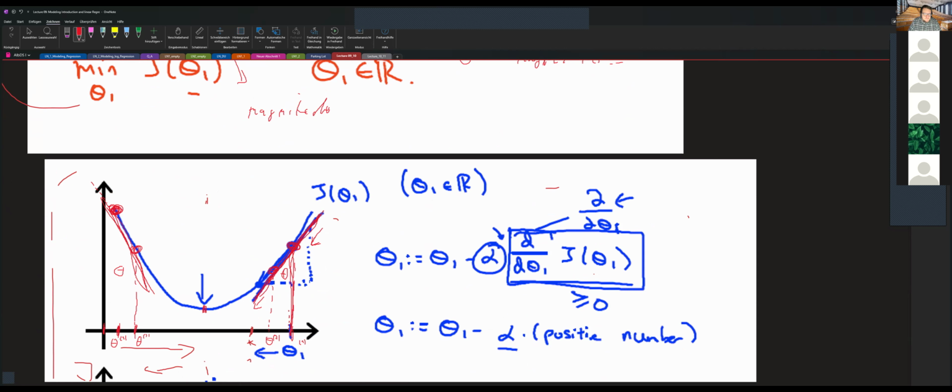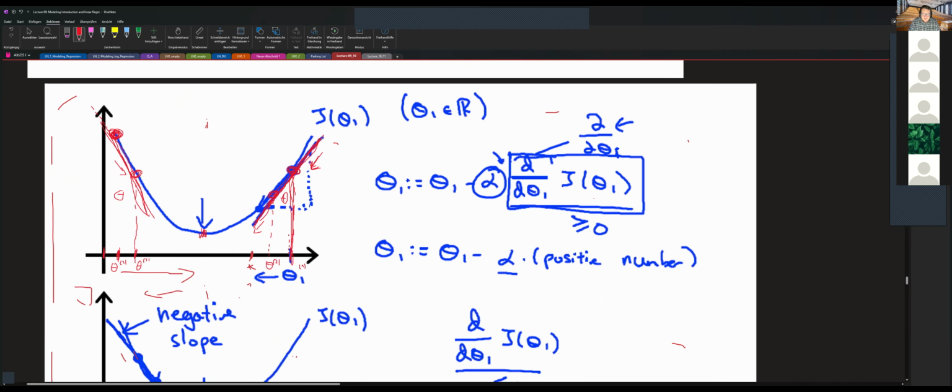In my case, it's the derivative of theta 1, because we said we don't care about theta 0 right here. So it's the derivative of theta 1, which is the smallest gradient you could get. It's like one number. So we're going to move down here, or we're going to move down here. And either way, we're going to end up somewhere at the minimum.